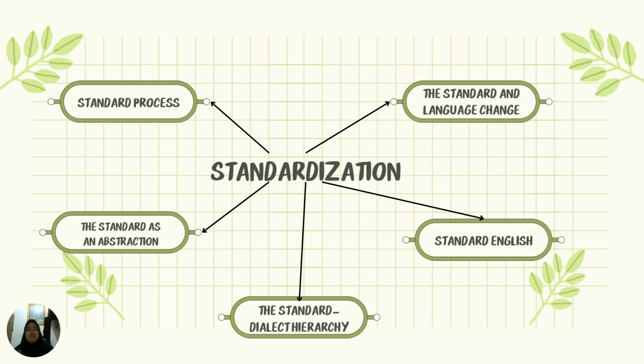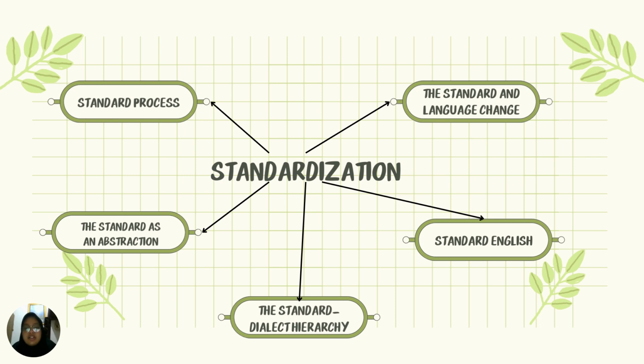And the things that we want to talk about in standardization are: first, the standard as an abstraction; then the standard process, the standard and language change, standard English, and the last one, the standard dialect hierarchy.